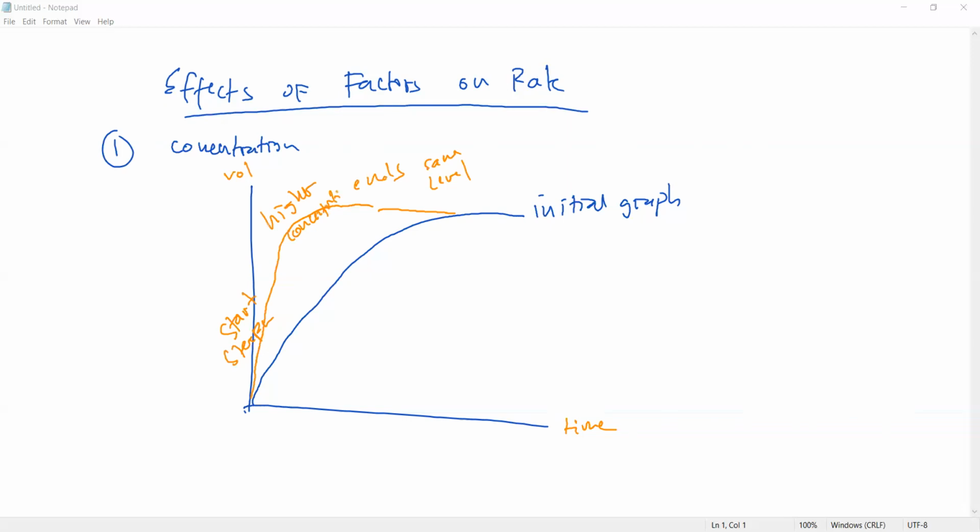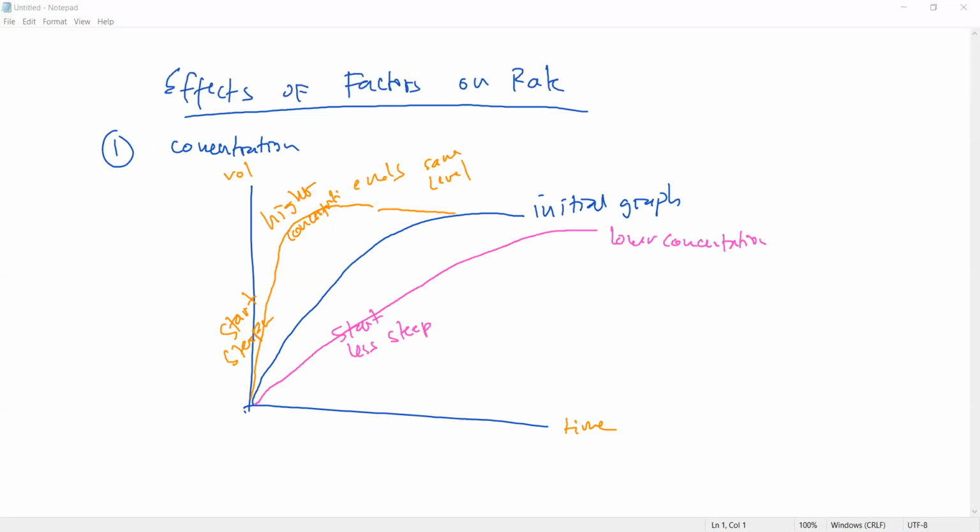If you're using lower concentration, the graph will be less steep, but they're going to end up in the same position. Something like this. Again, in lower concentrations, you must end in exactly the same total amount of volume. But we are going to start less steep and have the same amount in total.